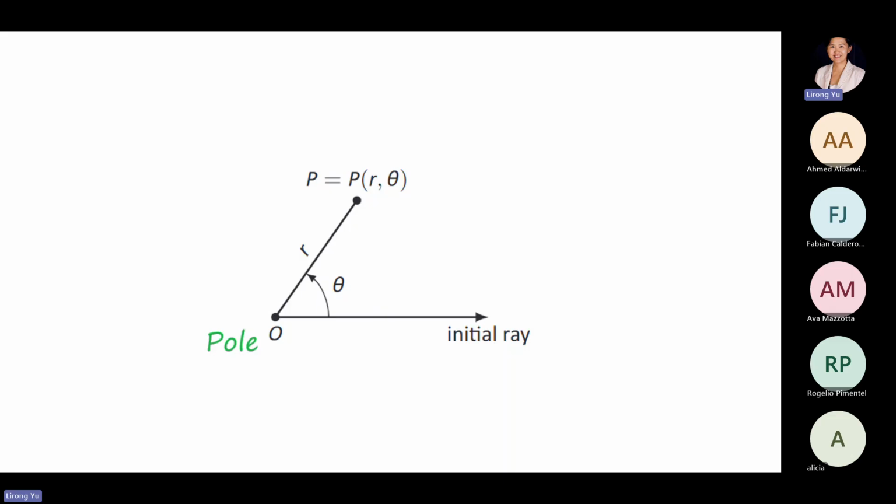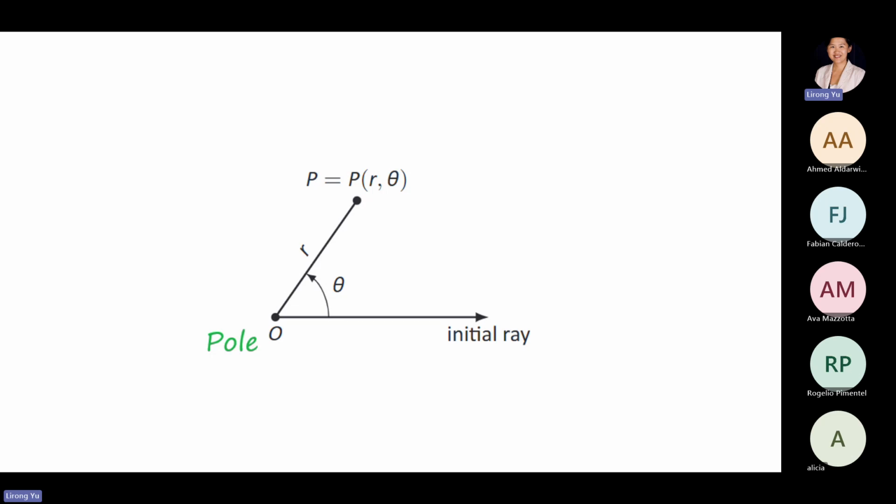So in polar coordinates, we have one distance measure, the distance r, which is the radius, and one angle, which is the angle theta, right? So in polar coordinates, you identify a single point that you are connecting to. From the point P to point O, which is called the pole, like the North Pole.